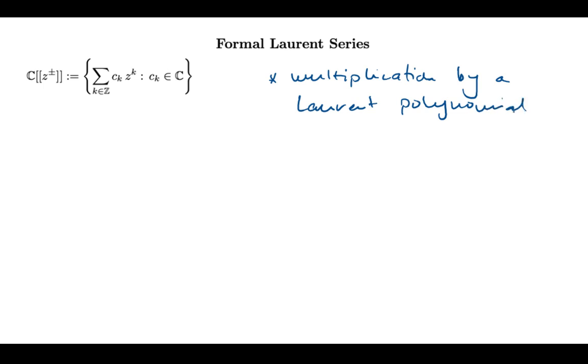I claim this can be defined the same way you define polynomial multiplication. If you know some abstract algebra, then you know this set of Laurent polynomials is a ring. You can add and multiply, and you stay within this ring. And what I'm saying about these formal Laurent series now is that they form a module over this ring.